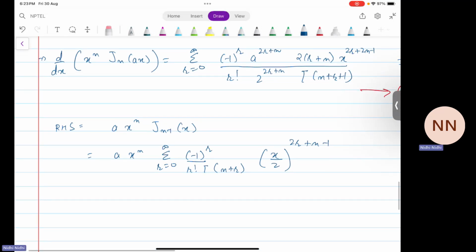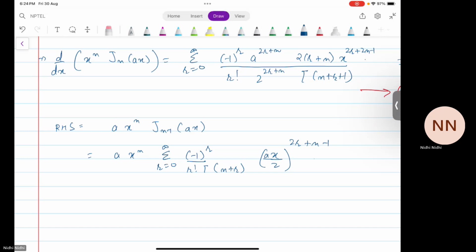So see, here the powers of x are fine. So on the right hand side it was J(ax).